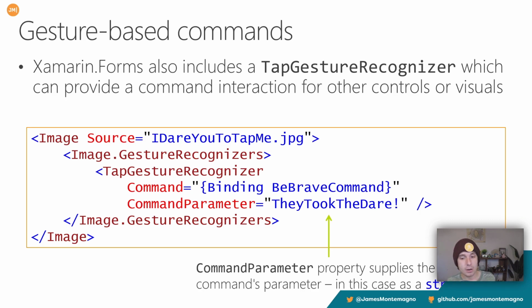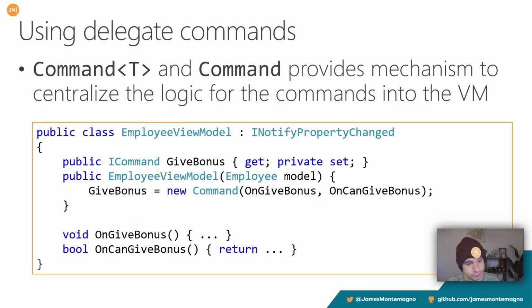For example, here I could pass in a string to a tap gesture recognizer that you could add to anything, and that would pass it down from your UI down into your page. Now, like I said earlier, luckily Command and Command of T, which is the parameterized version, are automatically built into Xamarin.Forms. So here, for example, I have a GiveBonus command, and for this command I just create a brand new one. And I have a Boolean that says CanGiveBonus, and then one that says OnGiveBonus.